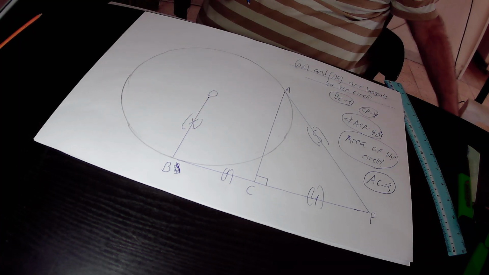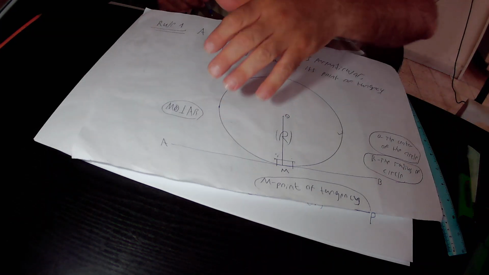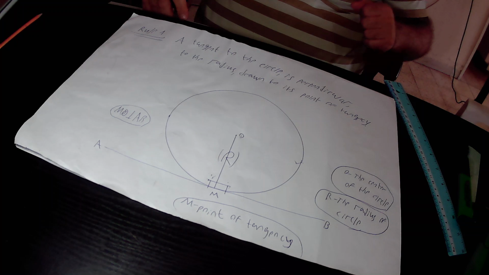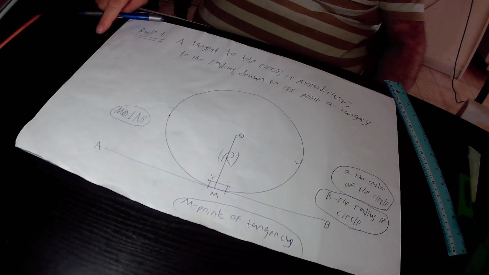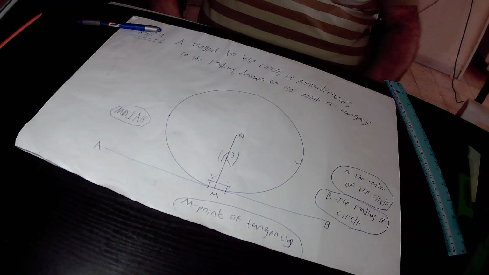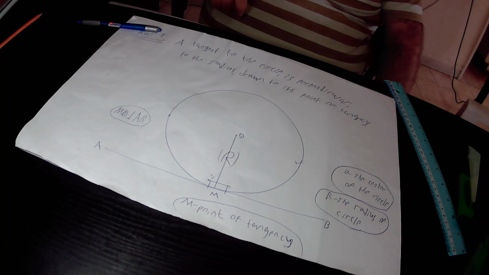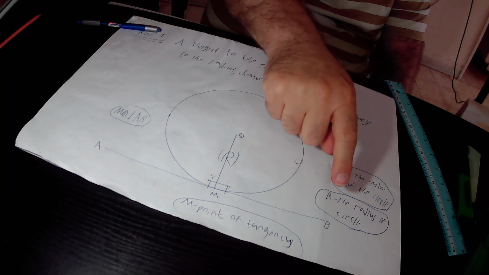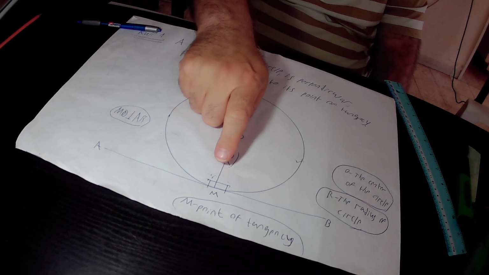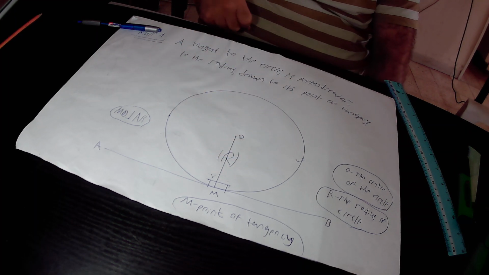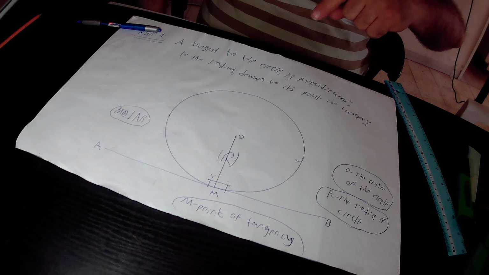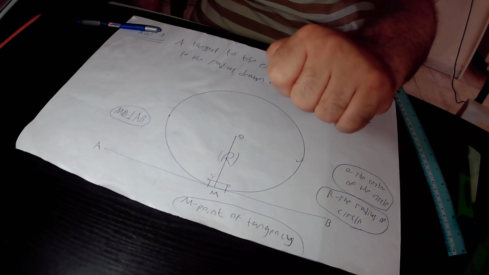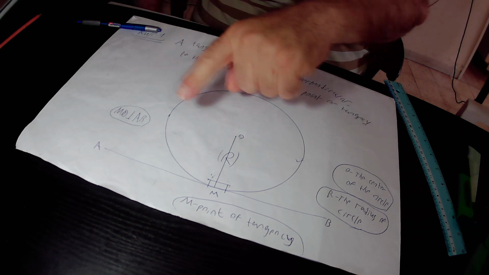Here we can implement rule 1. So let's repeat quickly on rule 1. According to rule 1, a tangent to the circle is perpendicular to the radius drawn to its point of tangency. So at the moment we have a circle, and this is tangent AB, that is tangent to the circle at this point, point M. In addition, we have the radius OM that is equal to R. The radius OM is drawn to point M, the point of tangency of tangent AB with this circle.